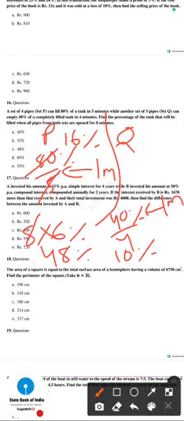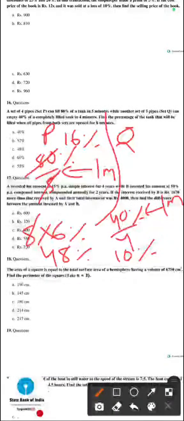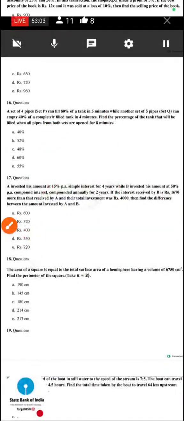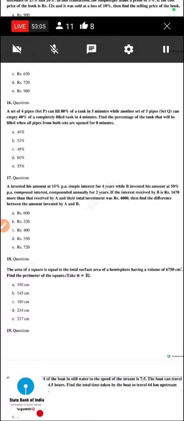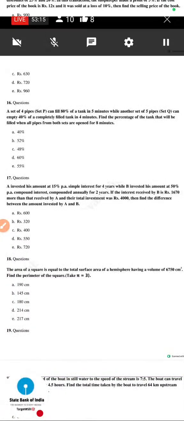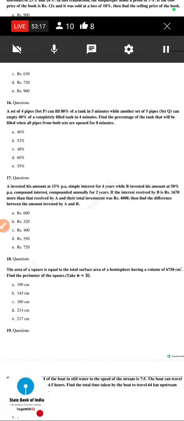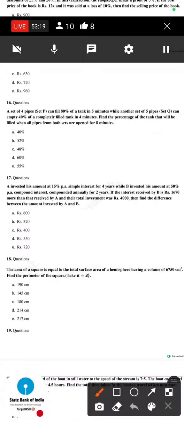So the answer for this question must be 48%. Option C is the answer.